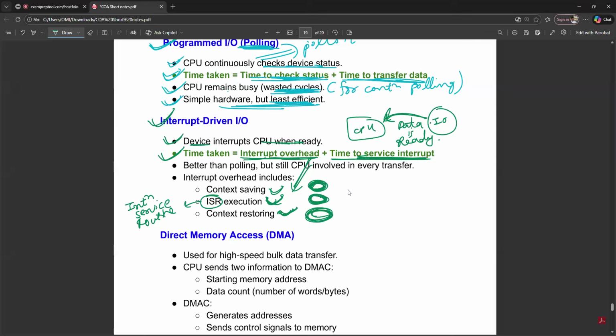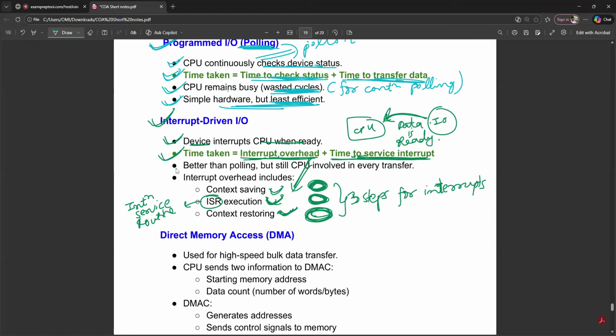Three steps for interrupts. So you have the overhead, and then you have to service the interrupt also, so time is required for it.